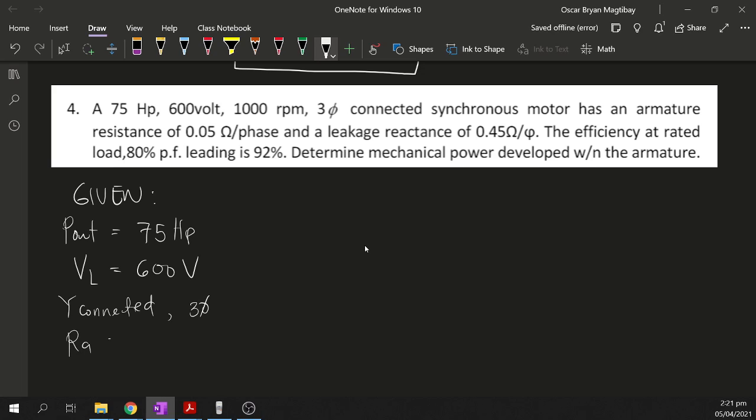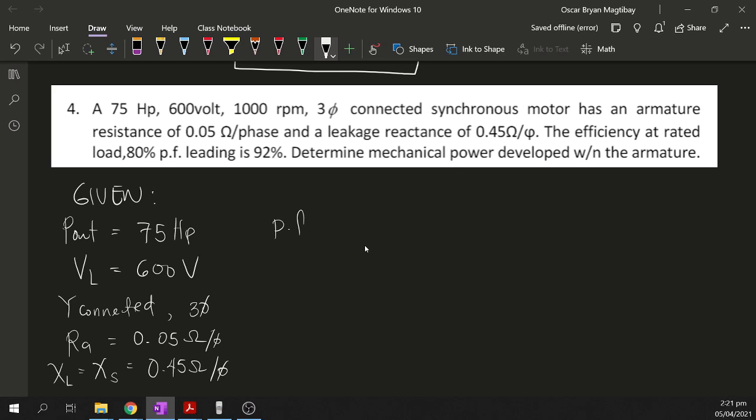Armature resistance of 0.05 ohms per phase. And yung ating XL, which is equivalent na rin sa XS since wala namang given na armature reactance. So, leakage reactance lang. So, ito ay 0.45 ohms per phase.